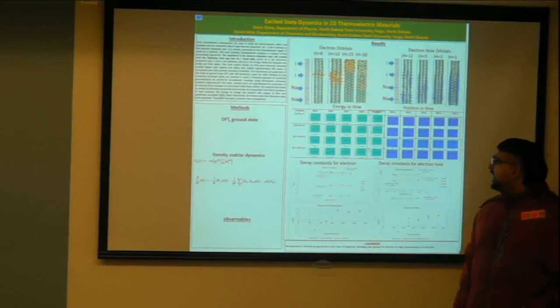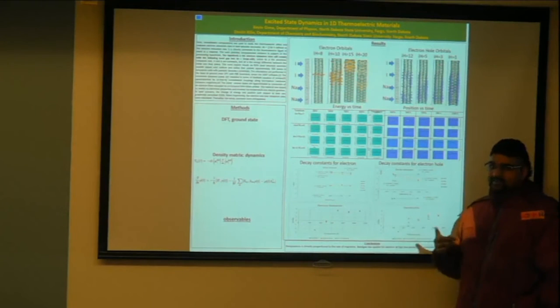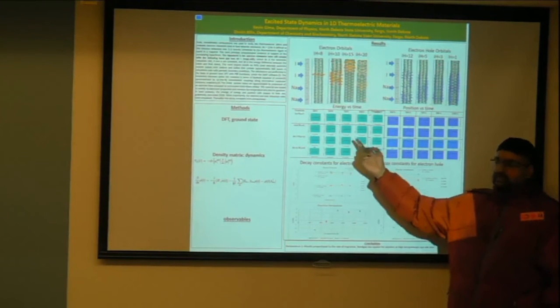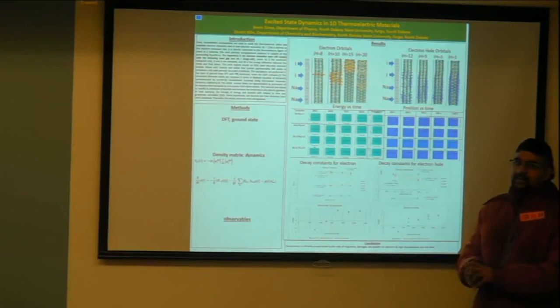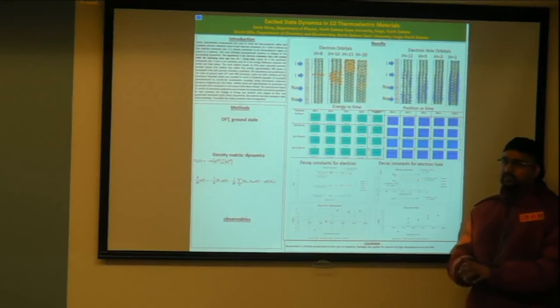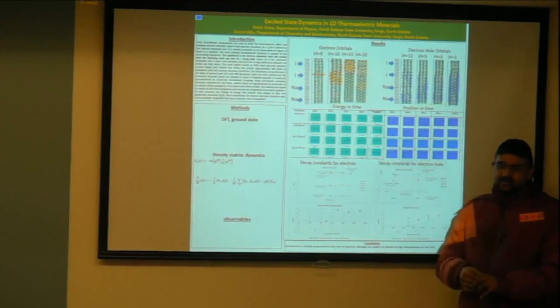So the decay constant is essentially, from what I remember last week, just the derivative of this dashed line, which is how the excitation value for the electron's energy changes with time. It's just the derivative of this dashed line.